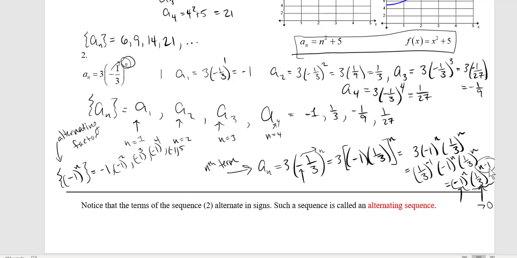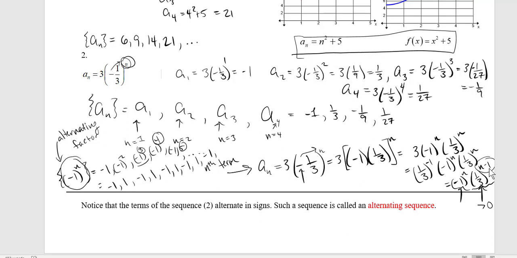We're running out of room, and it keeps going, right? But look at this pattern. Negative 1 is negative 1. When we square a negative, we get positive 1. Odd power of a negative gets a negative 1. Even power of a negative gets a positive 1. Odd power. Next would be an even power, then odd, then even.